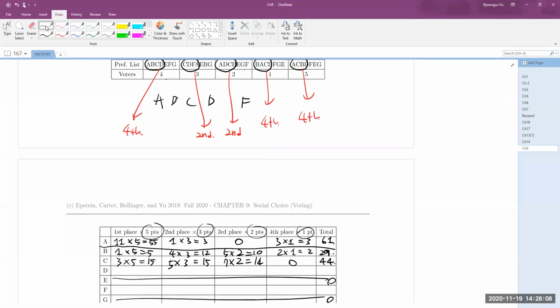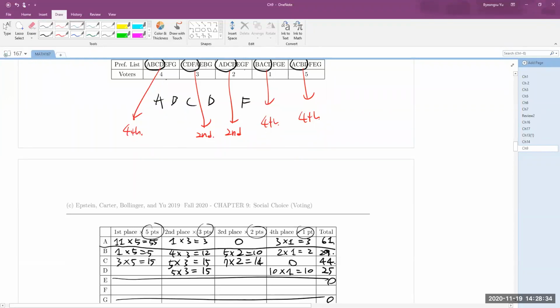So in the case of D, only 5 people think that D is in the second place. So again, D got 15 points from them. And there are 4 plus 1 plus 5, which is 10 people who think that D is in the first place. So D got 10 points from them. So it should be 25.